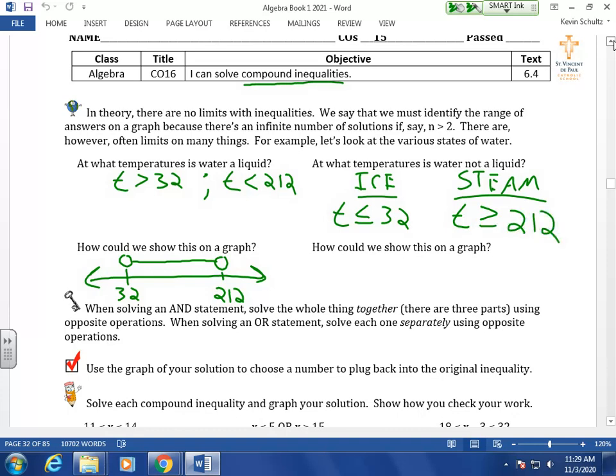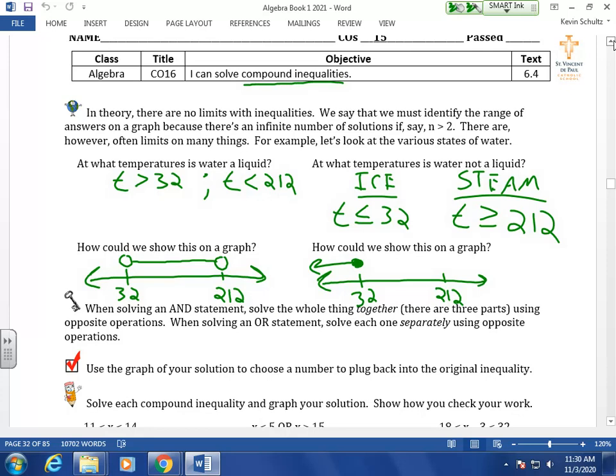So on a graph, we again have our 32, and we have our 212. If the temperature for ice is less than or equal to 32, we have a closed circle at 32 going to the left. And I know there's something called absolute zero, the absolute coldest it can get, Kelvin, whatever it is.